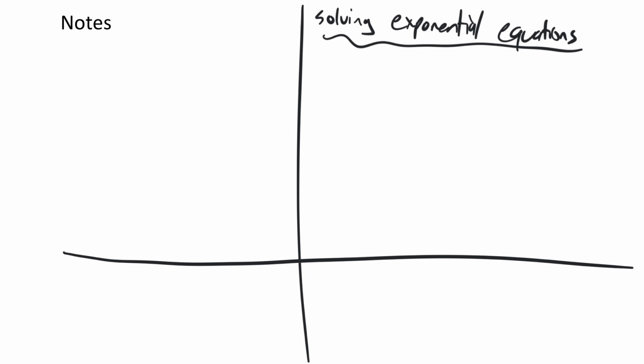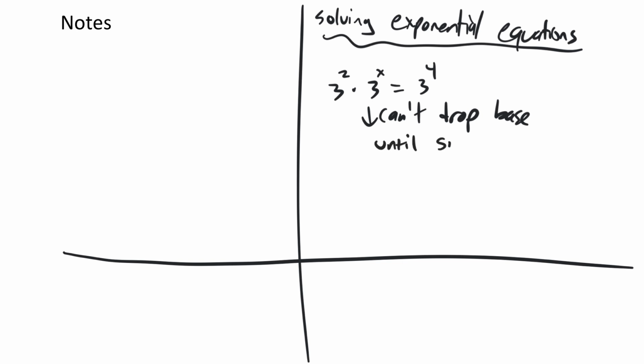And the main thing we need to watch out for is if we have 3 to the 2 times 3 to the x equals 3 to the 4, we can't drop the base yet. Can't drop base until single base on either side.